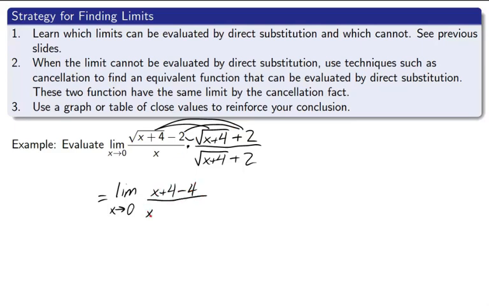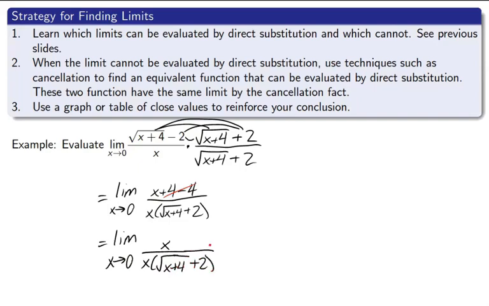And the denominator, I'm not going to multiply it out. I'm just going to write it. And here's what you notice. The plus 4 and the minus 4 cancel. So let me just write this one more time before I move on. I get x over x times the square root of x plus 4 plus 2.